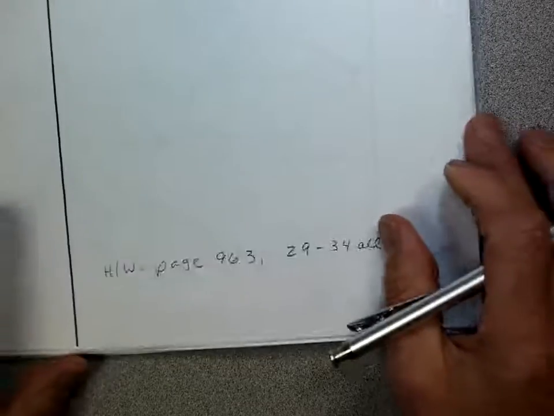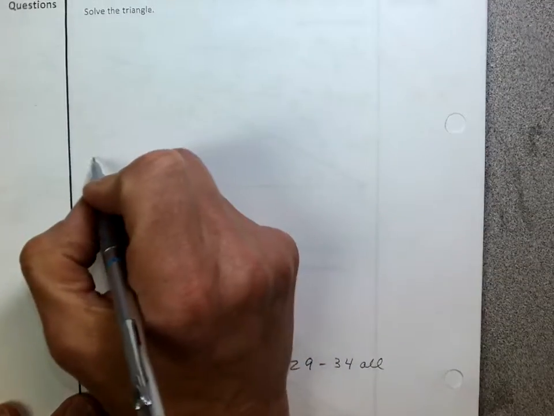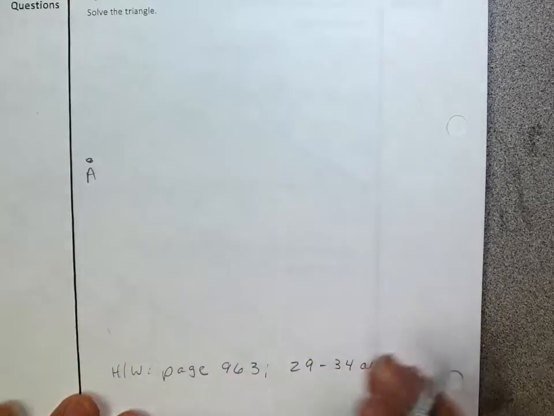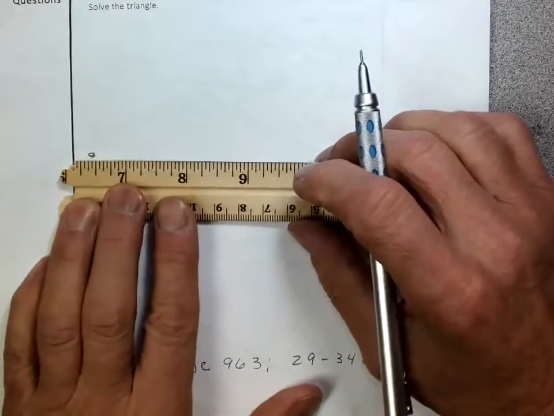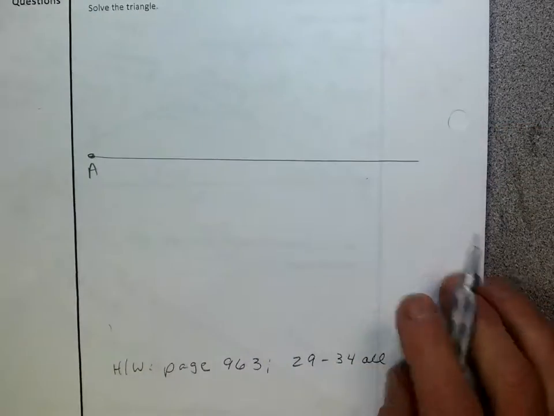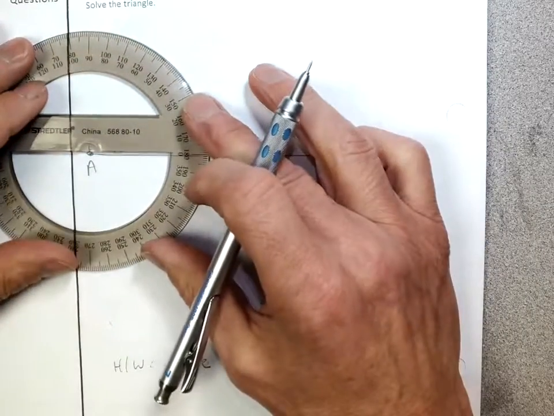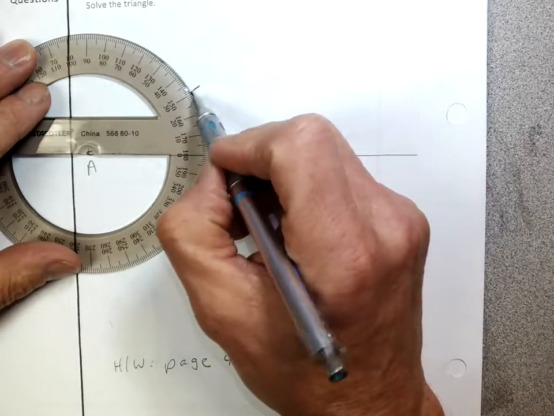All right. So let's draw this one. Put a little point A there. And again, I'm going to draw my terminal side. I need a 30-degree angle, right? Put my 30 degrees, 10, 20, 30.